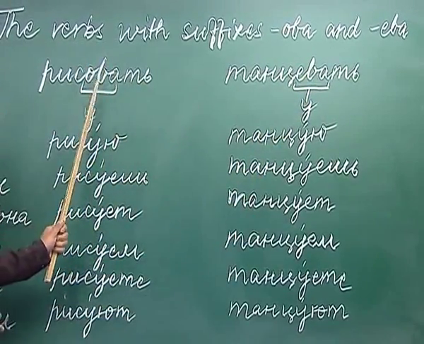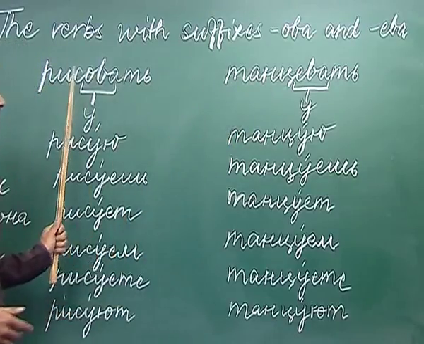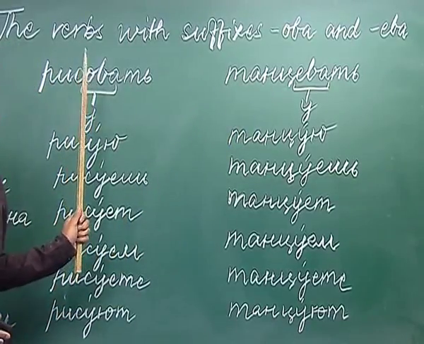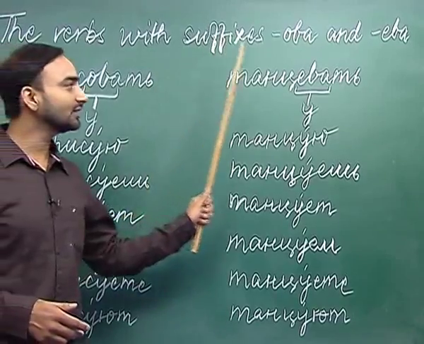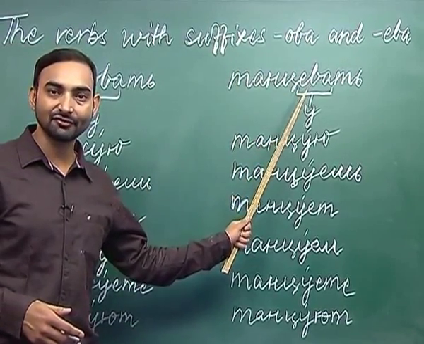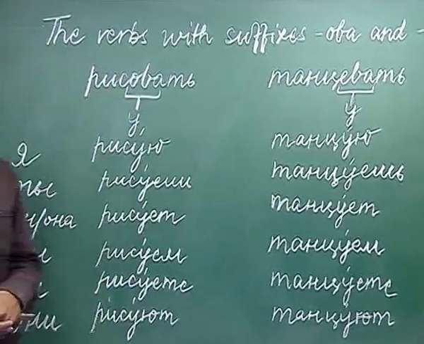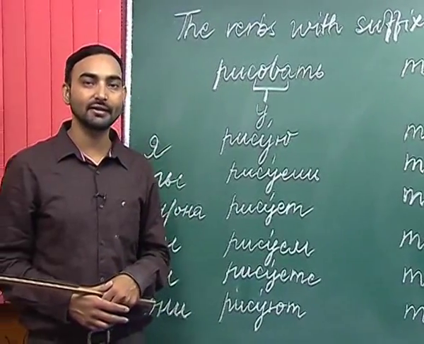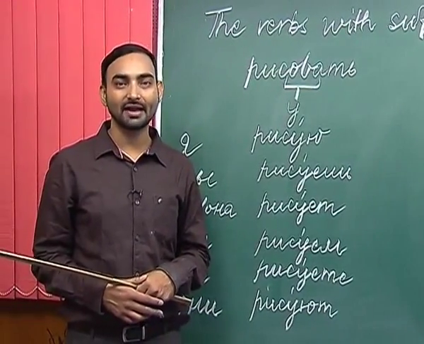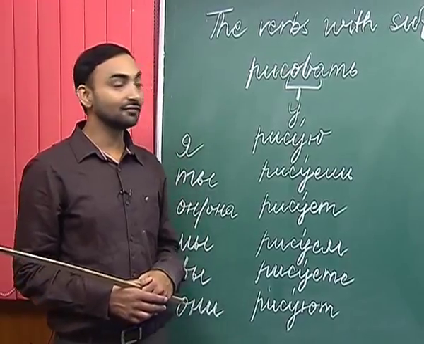So, these are two verbs, one of which has -ова and the other has -ева as the suffix. Now the question is, how do we conjugate these verbs with -ова and -ева suffixes? It is very simple.